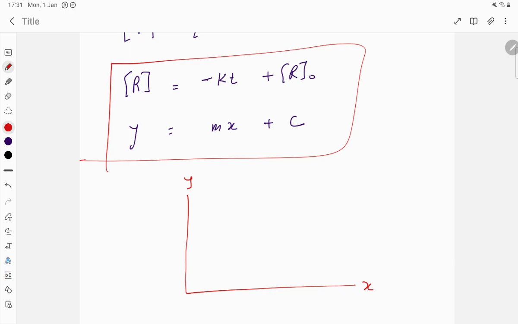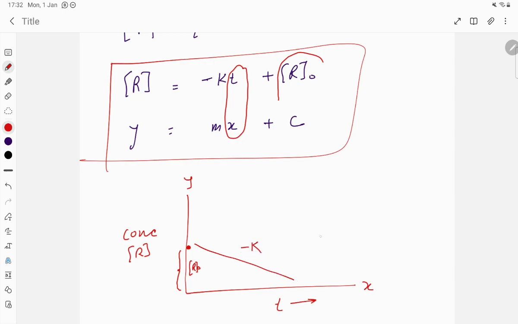On the x axis you take time, and on the y axis you take the concentration R. The intercept is R naught.